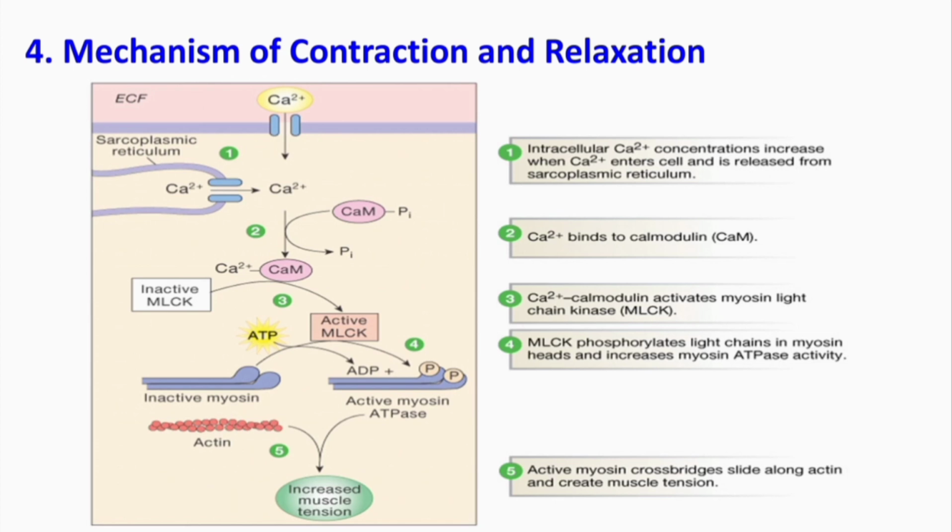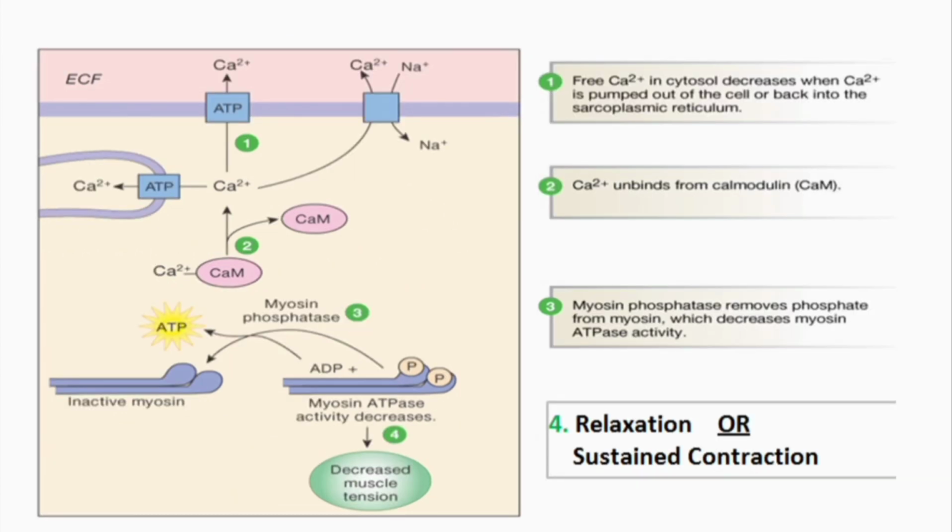Now, we will discuss the mechanism of relaxation in the smooth muscle, and like contraction, the relaxation can occur in response to a large number of stimuli. For example, autonomic nervous system stimulation: if sympathetic causes contraction at a certain place, then parasympathetic will cause relaxation at the same place.